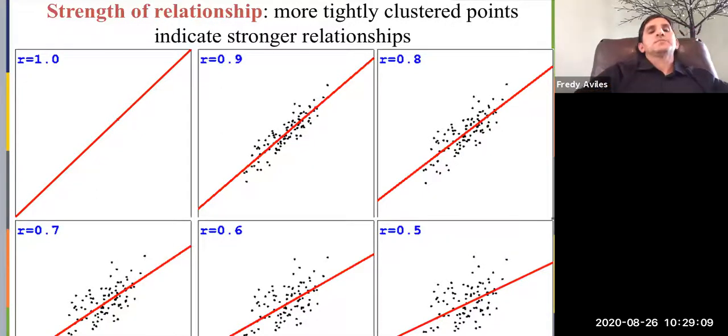That's what that would mean. However, the relationship between weight and longevity is not perfect. But if it was perfect, if I know one thing, I know exactly what the other one would be. Now here we have R equals 0.9. It's also positive.